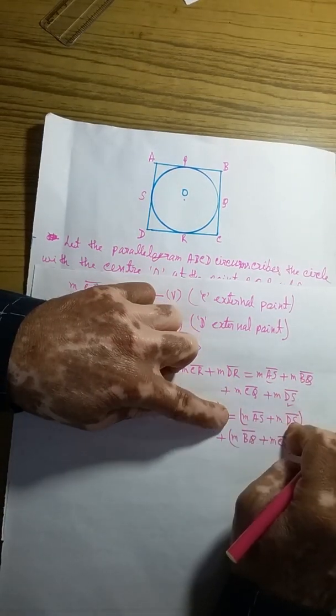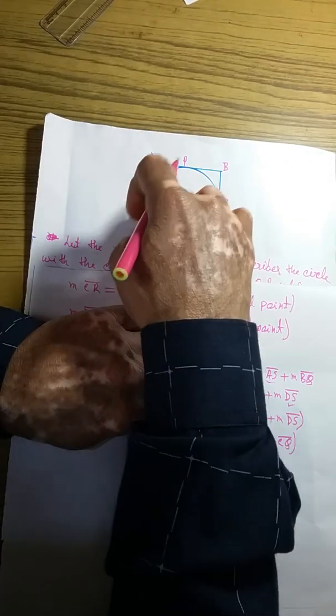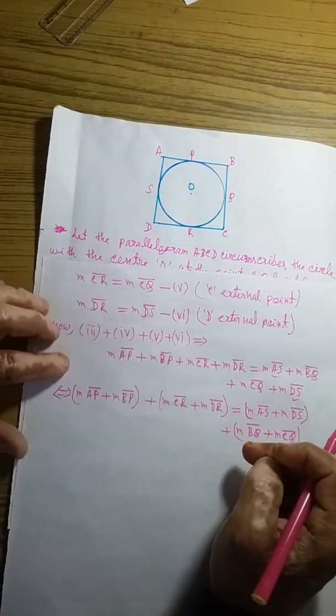We have combined measure of AS plus measure of DS just to get the measure of DA.